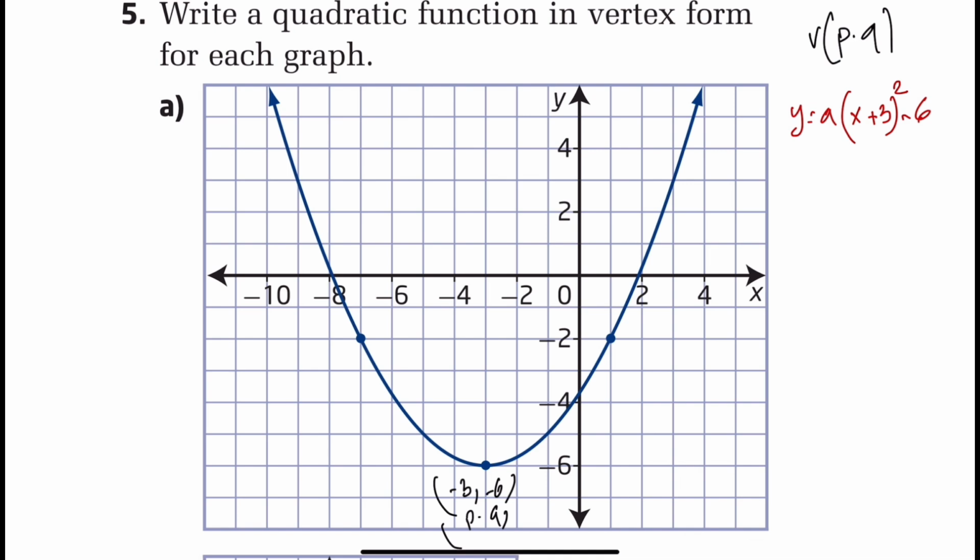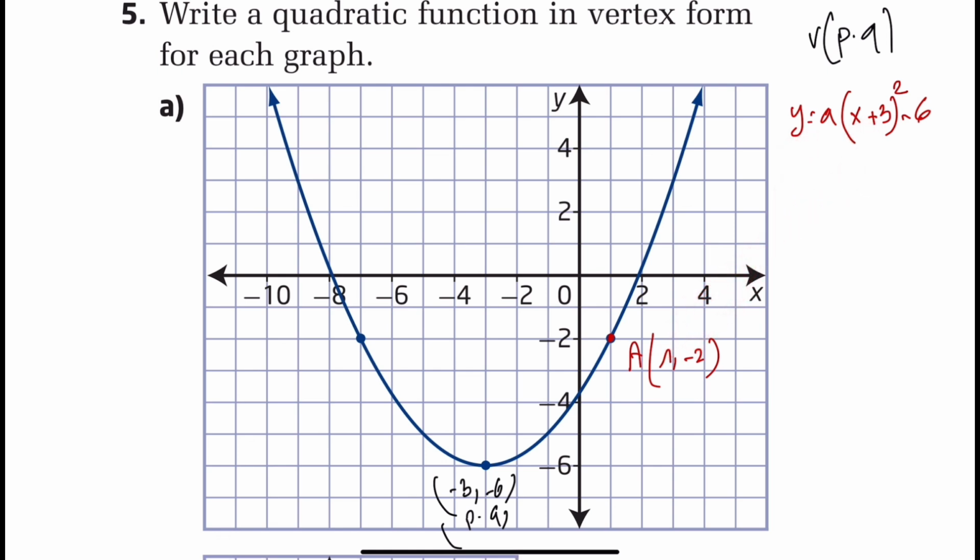From here we need a point. So to find our a, we need a point. For example, we'll choose this point, name it A, and we have x is 1 and y is minus 2. And we will just substitute this x to here and this y to here, and we will find our a.